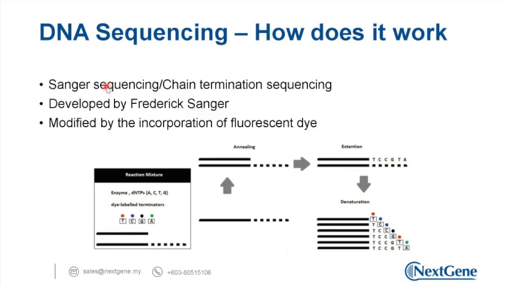This particular technique is also known as chain termination sequencing, because it will cause the termination of the DNA strand, which means that no base can be added after this particular base. In the original technique, they used radioactive bases, but as technology advances, we are currently using fluorescent dye instead of radioactive labeling.